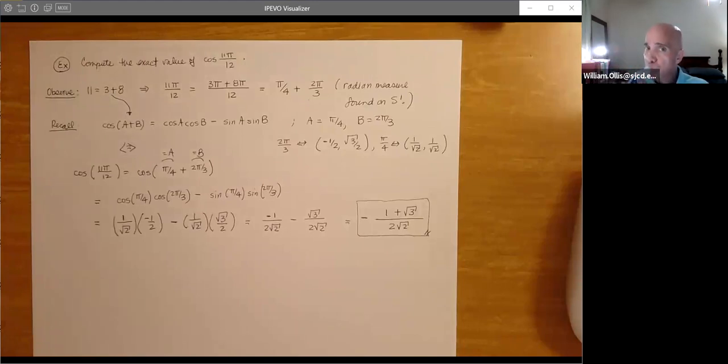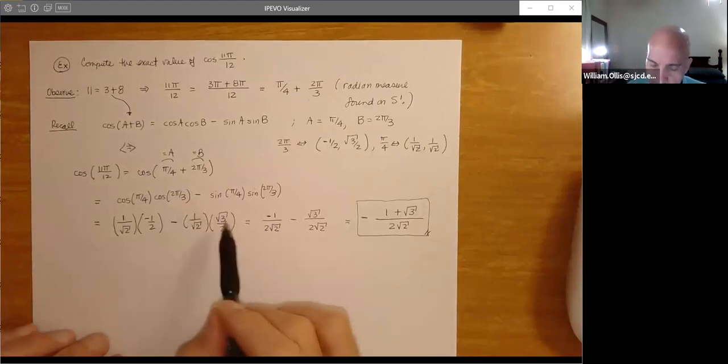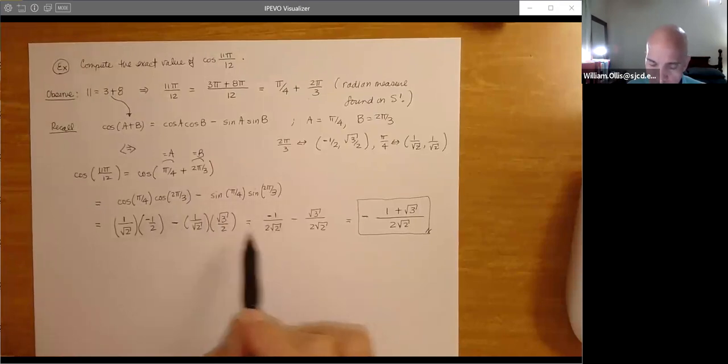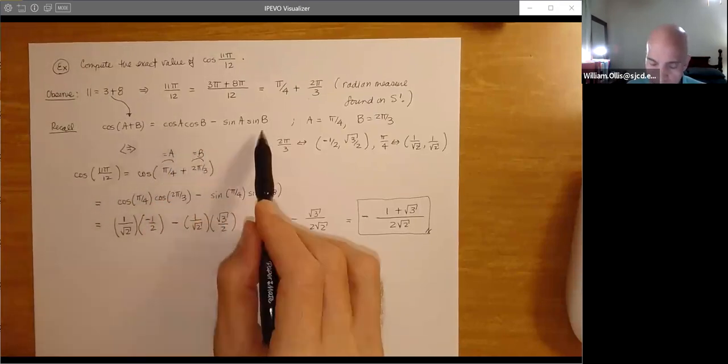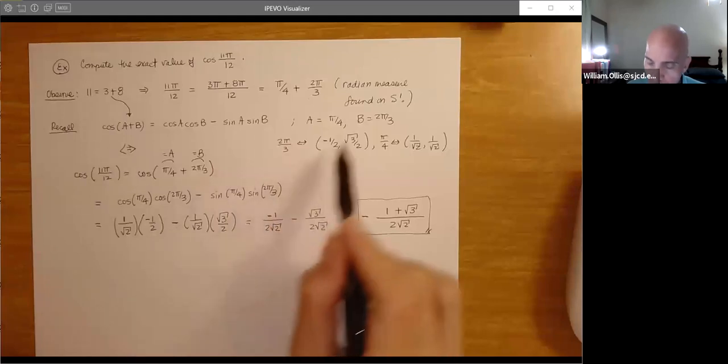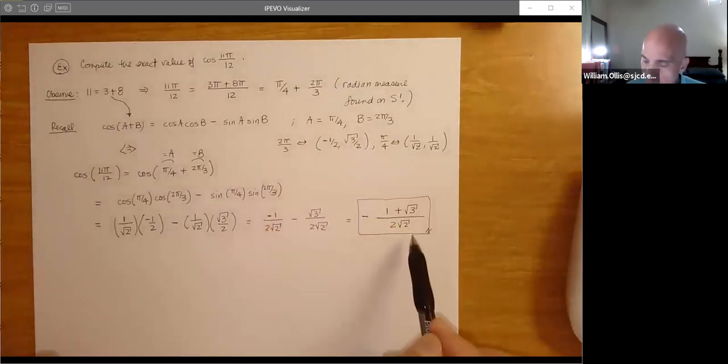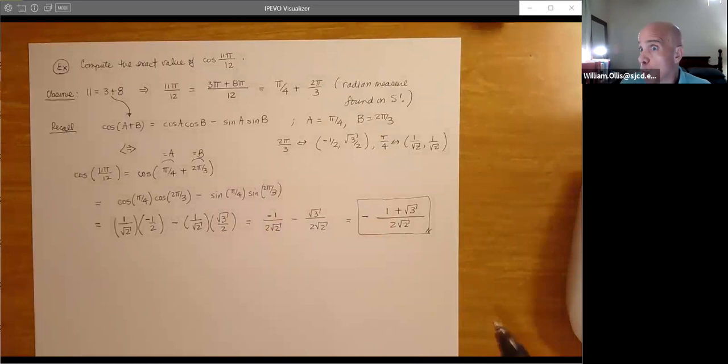So when it comes to doing these, this is what's so good about practice. You practice the new identities, just substituting values that you already know to get new results, so to speak. So we just rehash what we already know to discover new values, so to speak.